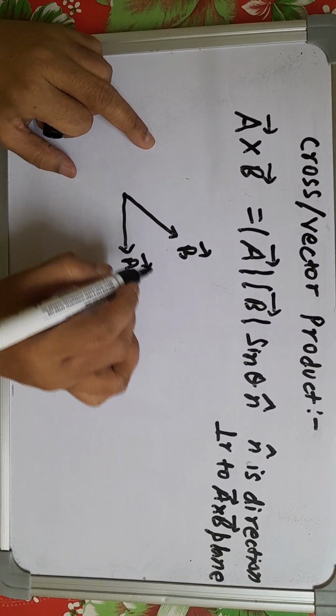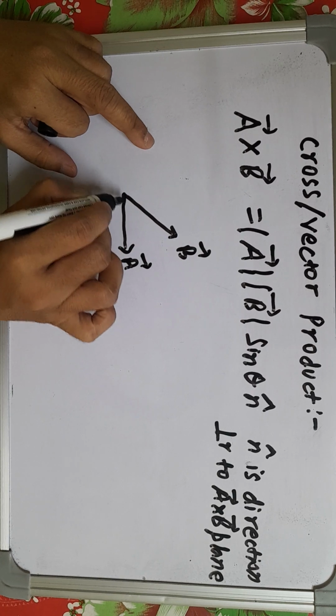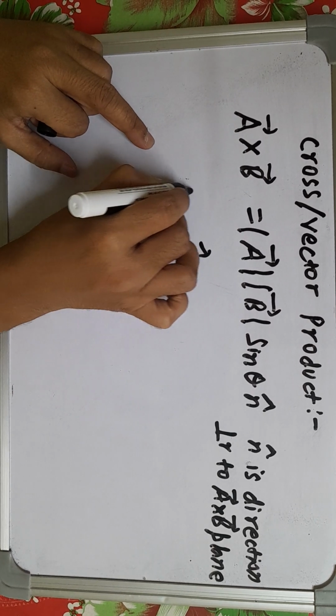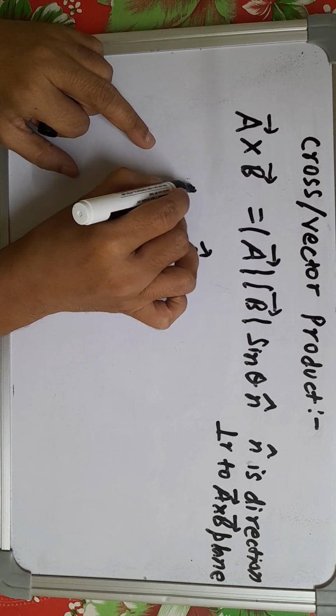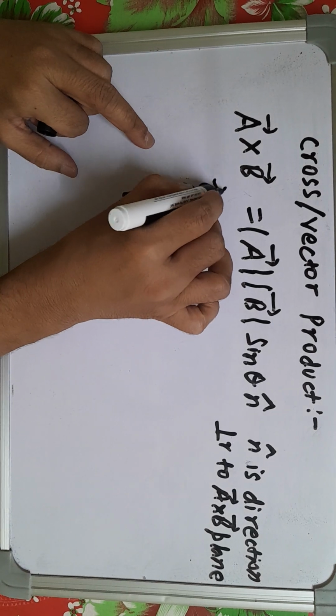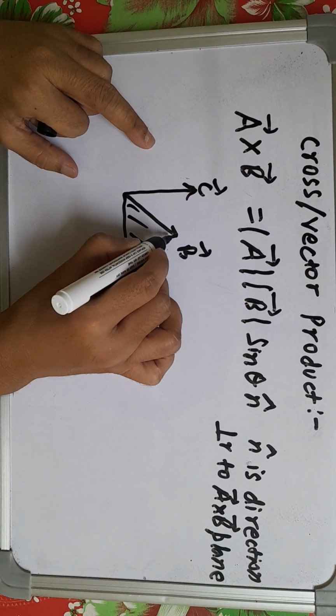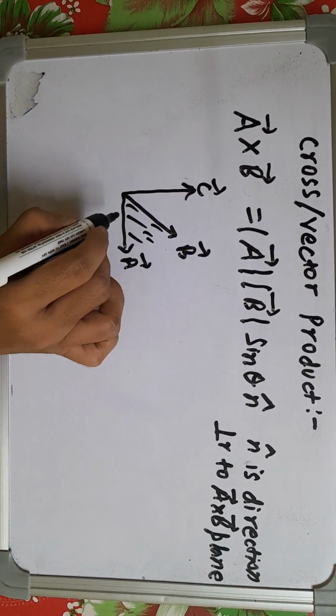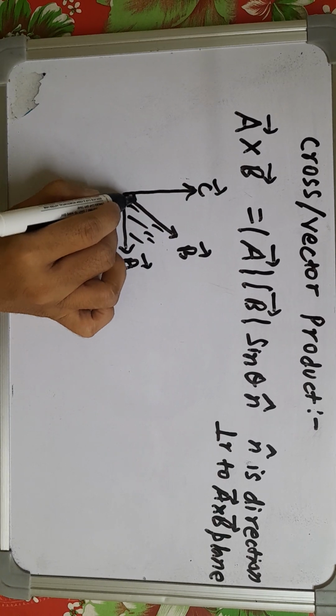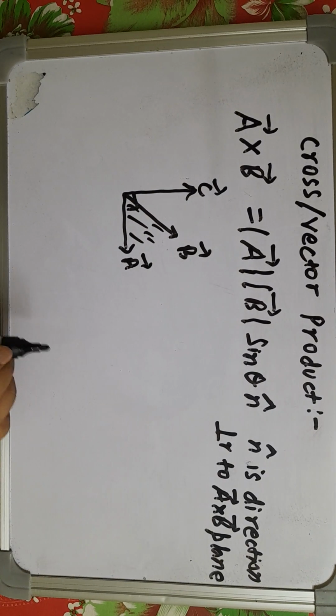So the cross product will be in a plane that is perpendicular to this plane. It will be perpendicular to this plane.